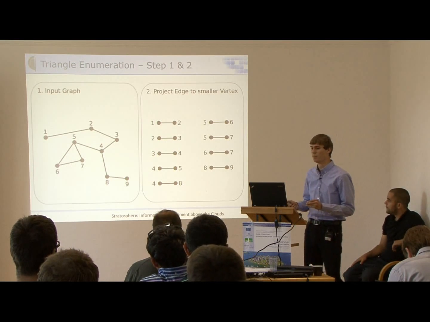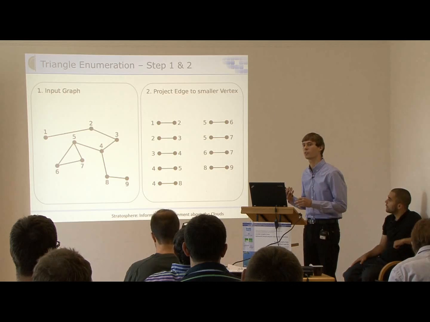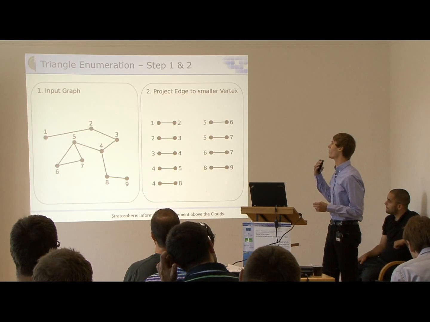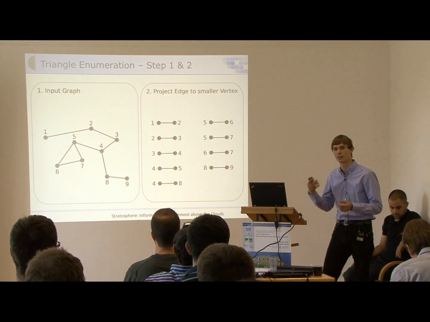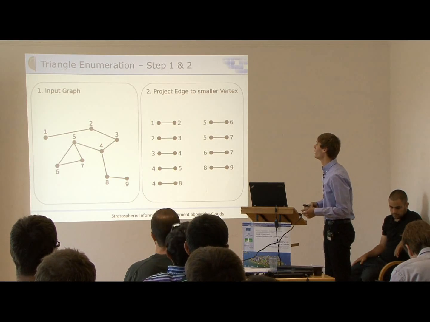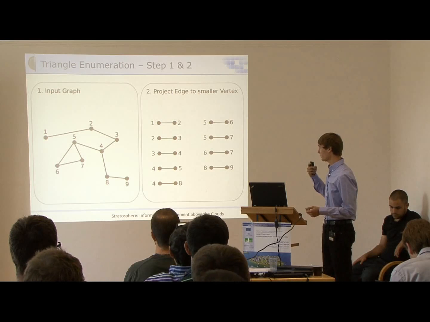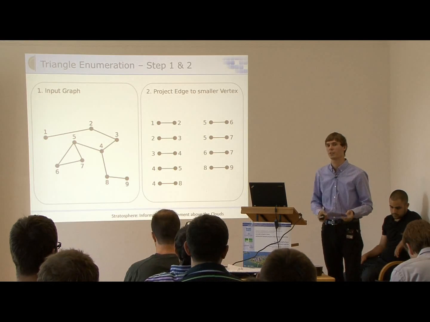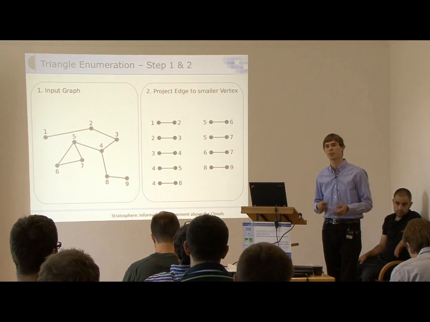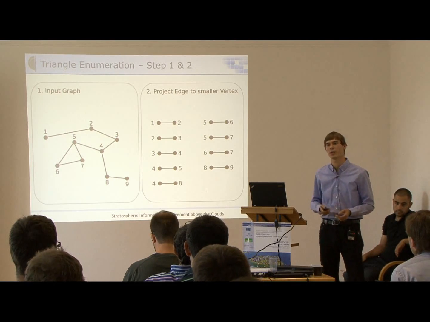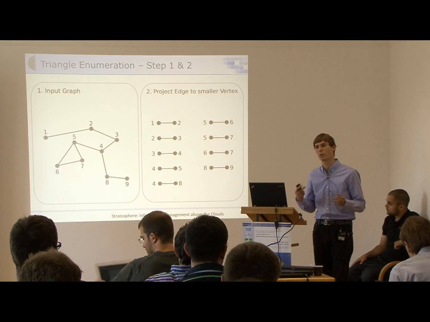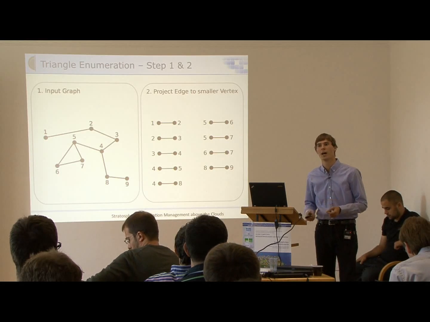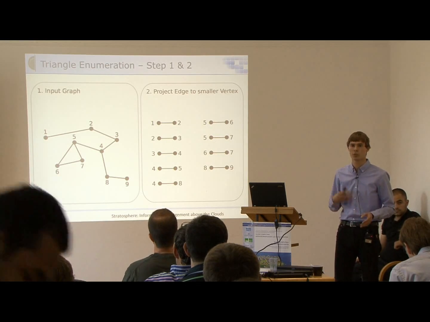In the following slides, you will see the steps the algorithm goes through to find triangles in a graph. The first thing is that it takes an input, which is a set of undirected edges. It would also be possible to take directed edges, but we would need more preprocessing steps, and we avoid this here just for simplicity.